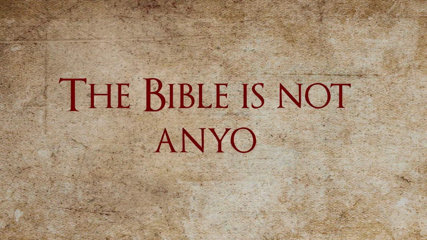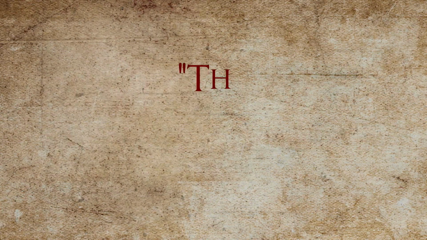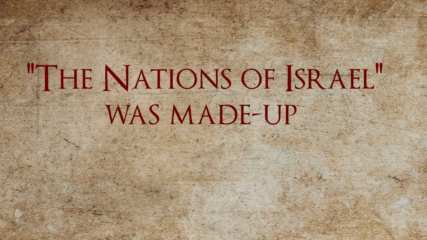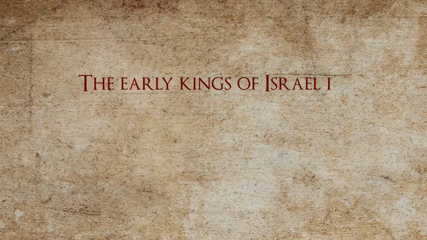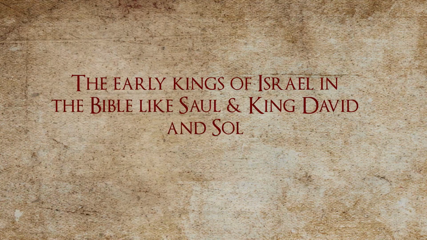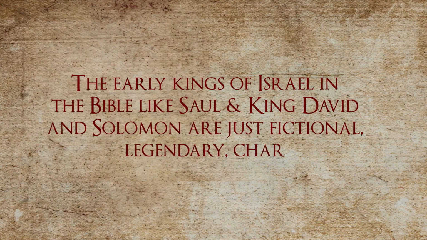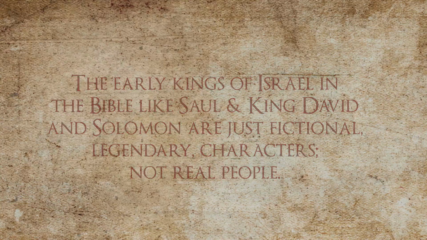These are the people who assert things like, the Bible is not anyone's history, the nation of Israel was made up between 538 and 165 BC. The early kings of Israel in the Bible, like Saul and King David and Solomon, are just fictional, legendary characters, not real people.